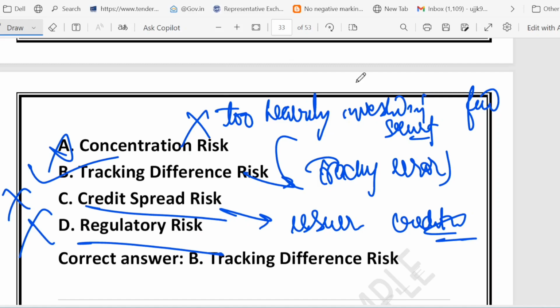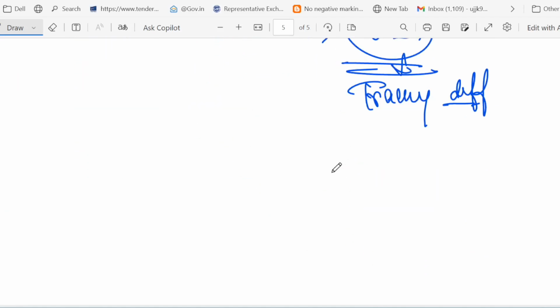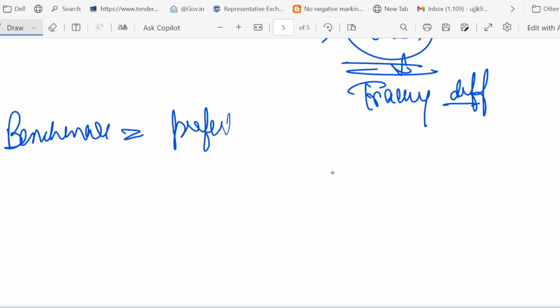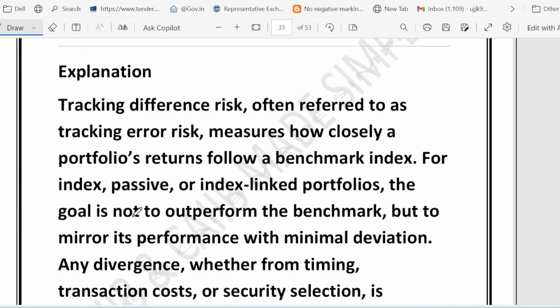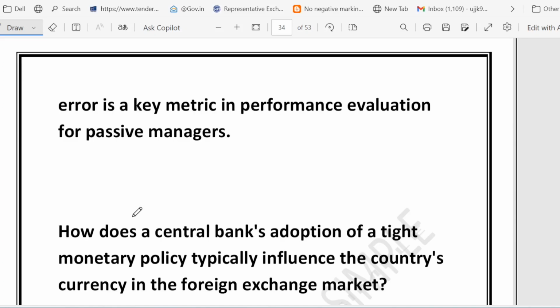The benchmark is the perfect recipe, and your portfolio is the dish that you cook. Tracking difference is the slight taste difference if you miss a pinch of salt or add too much sugar. That is what we call tracking error.